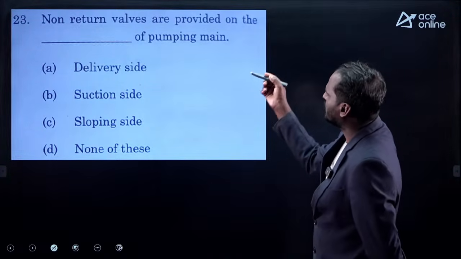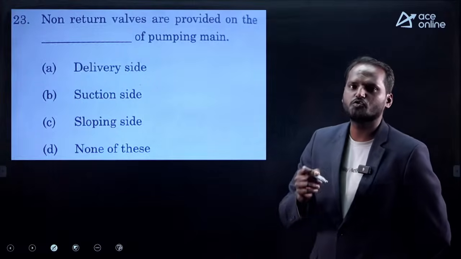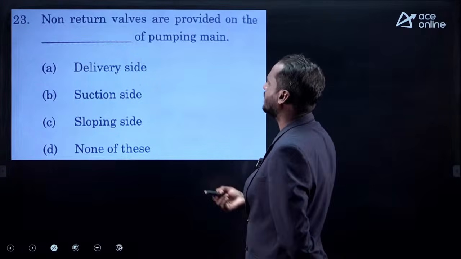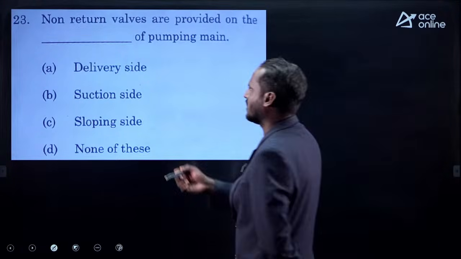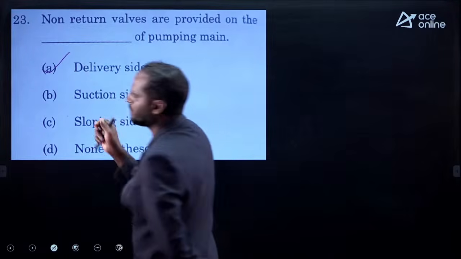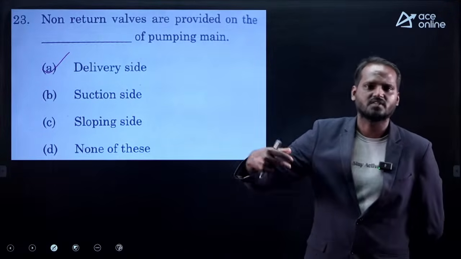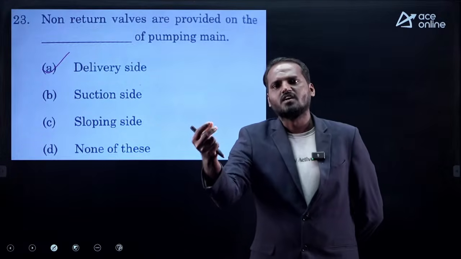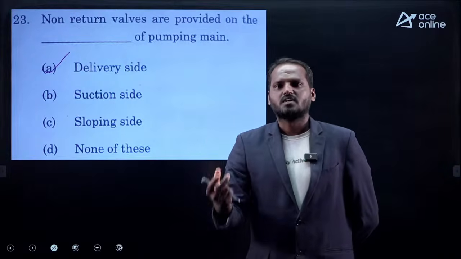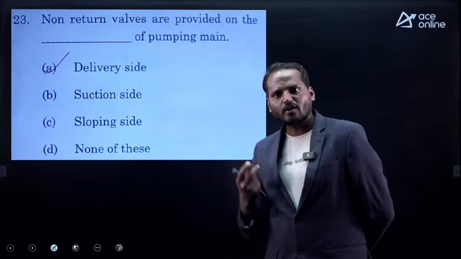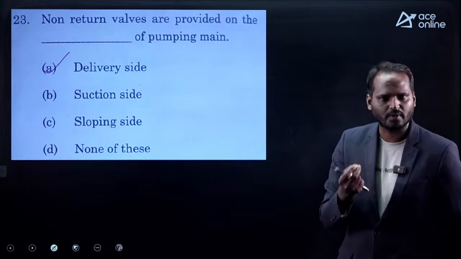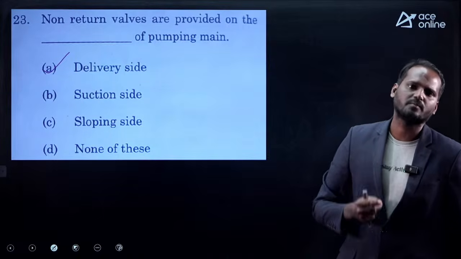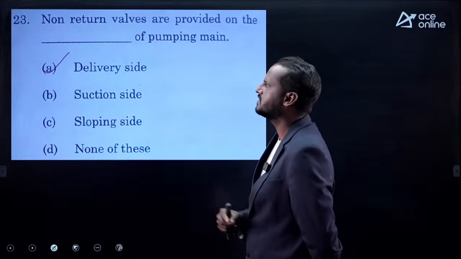What is the location of this valve? This is usually provided on the delivery side of the pumping main. That is the correct option, delivery side. Once the pump delivers water from the suction side to the delivery side, whenever the pump stops, it doesn't allow the water back to the pumping unit. It checks the water in a reverse direction. So delivery side is correct.